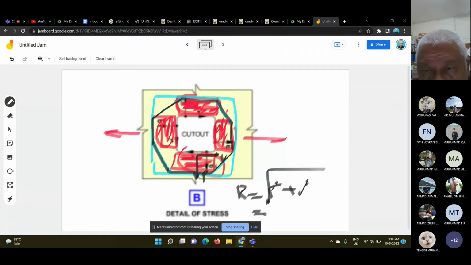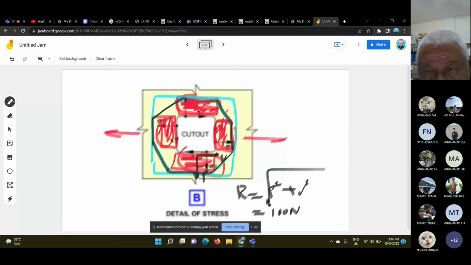You get some number here, R. Say R is 100 Newton. So the loads here, after you lost, are 100 Newton around this area.